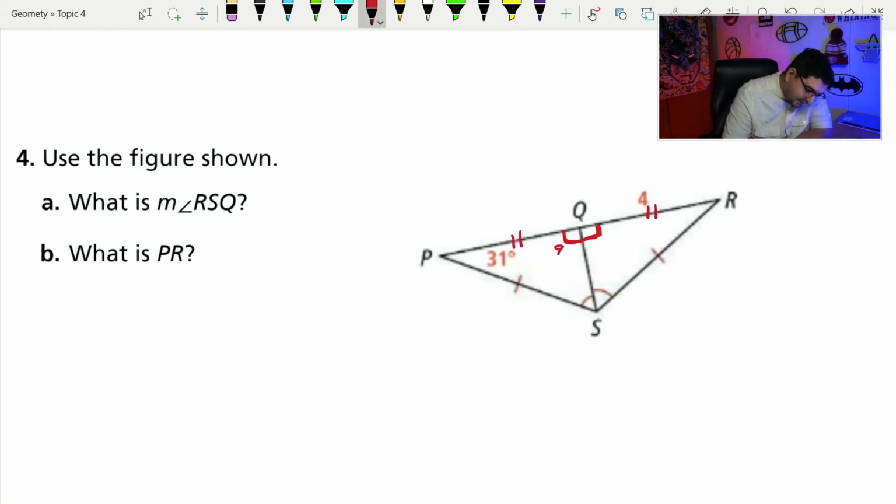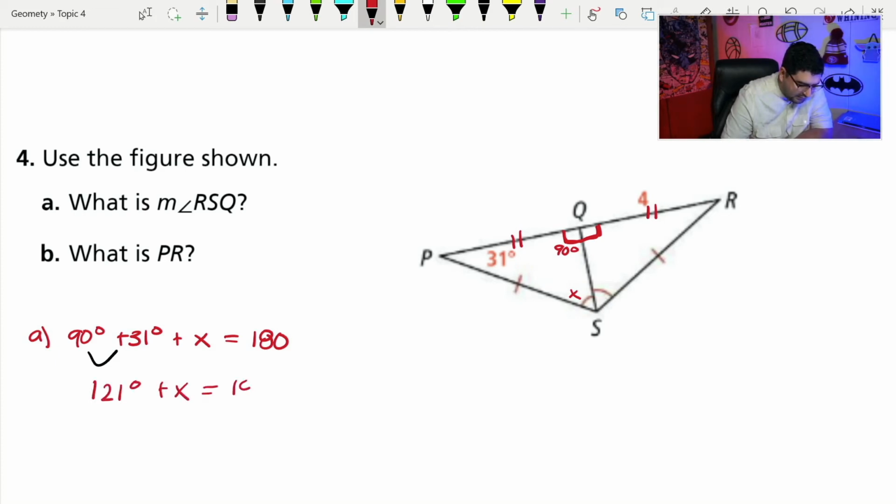So here I have a 90-degree angle and a 31-degree angle, and I can use that to my benefit. For part A, I know that 90 degrees plus 31 degrees plus that missing angle, we'll call it X, should all together equal 180. I can add these two, and that gives me 121 plus X equals 180.